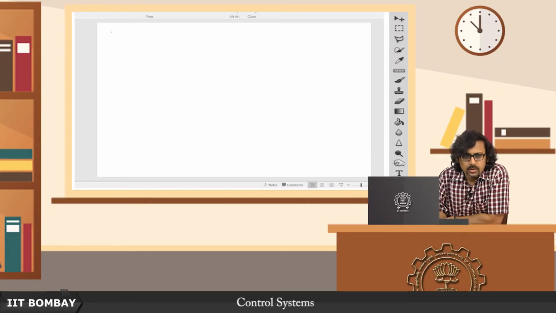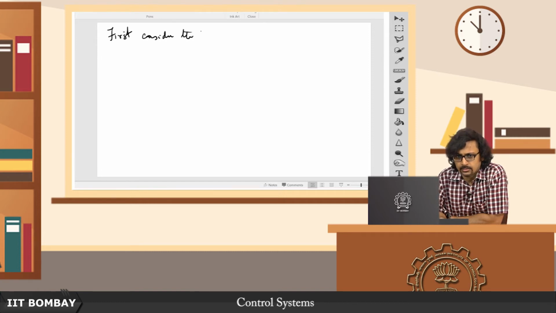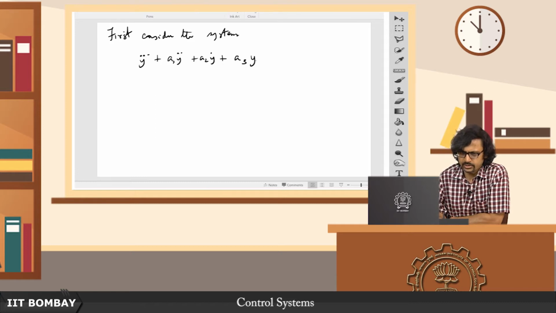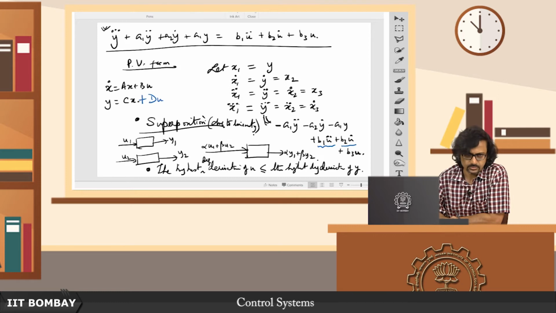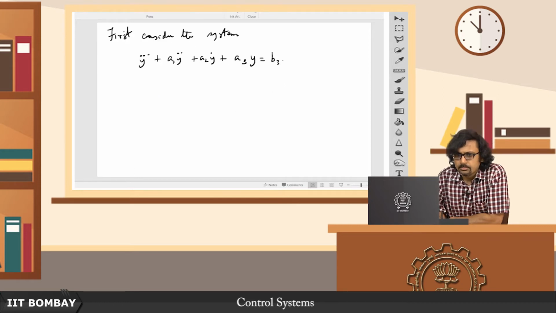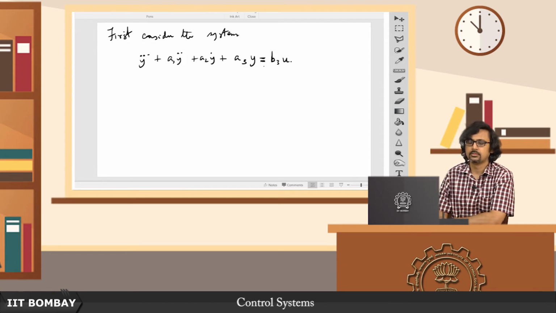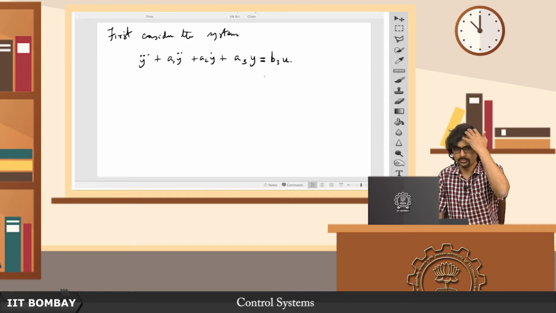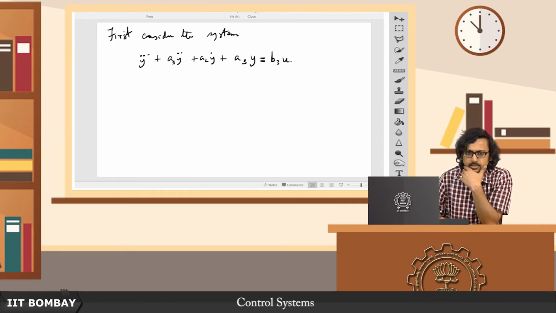So first consider the system y triple dot plus a1 y double dot plus a2 y dot plus a3 y is equal to b3 u.